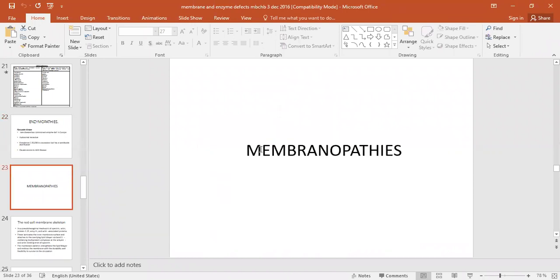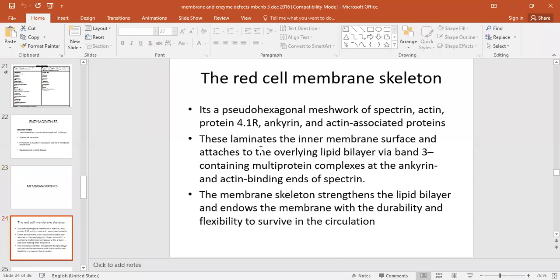Let me then change gears, ladies and gentlemen, and start talking a little more on membrane-related disorders. As we all know, the red cell membrane is basically a skeleton that harbors the various contents within the cell. And as a skeleton, we know that it is a pseudo-hexagonal meshwork of spectrin, actin, and ankyrin, with actin-associated proteins.